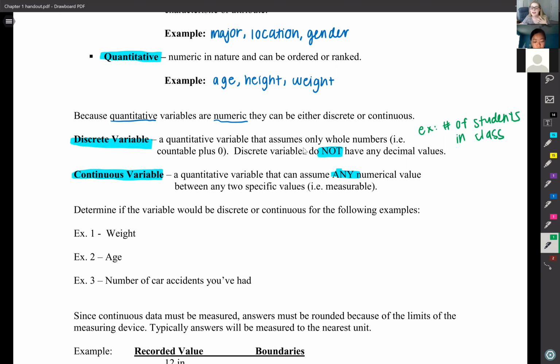When you're dealing with the number of people, that's always going to be discrete. Something else would be the number of children in a family. Same concept. You're not going to say, oh, they have 2.5 children. Unless you're in one of those statistical studies where each family has roughly 2.3 children. But no, we don't do that. So number of people is always going to be discrete because you're not going to say you have half a person.